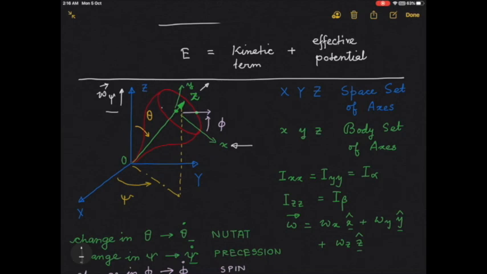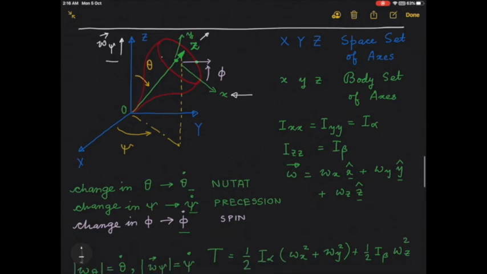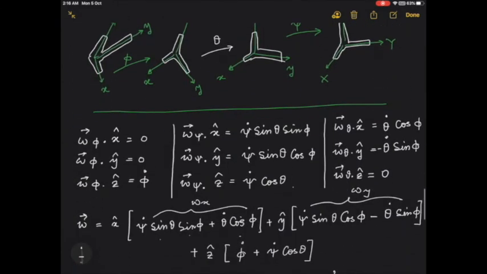Projection along z will be obviously omega psi, which is psi dot magnitude, and z projection is cos of theta. If I go to x and y projection, instead of cos theta, that will be sin theta, and then I have to take sin psi and cos psi for x and y components, and that's what I have done here.